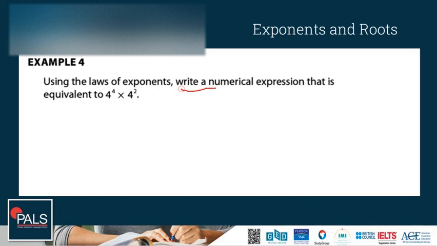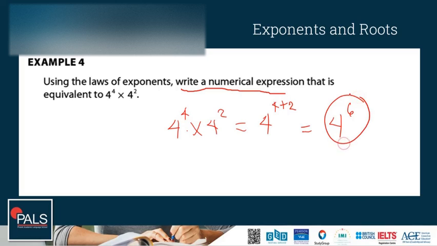So all we need to do is write a numerical expression that is equivalent to 4 to the 4th power times 4 squared. 4 to the 4th power times 4 squared is equal to 4 to the power of 4 plus 2, which is equal to 4 to the 6th power. So this is our expression equivalent to the given.